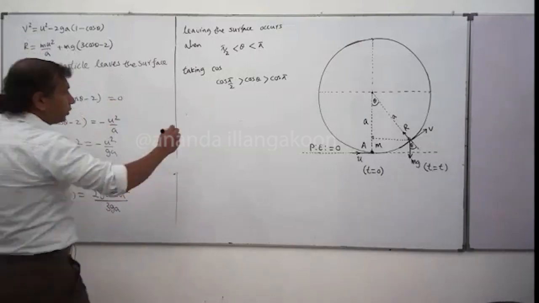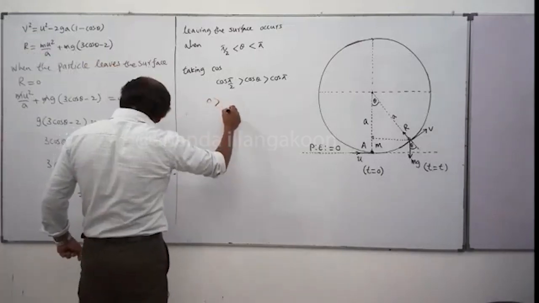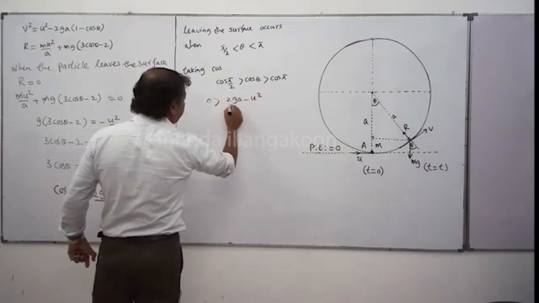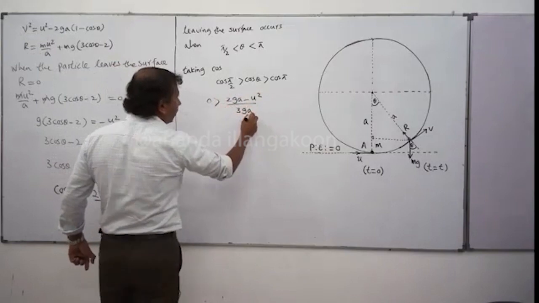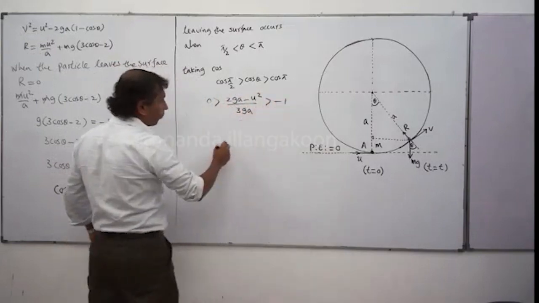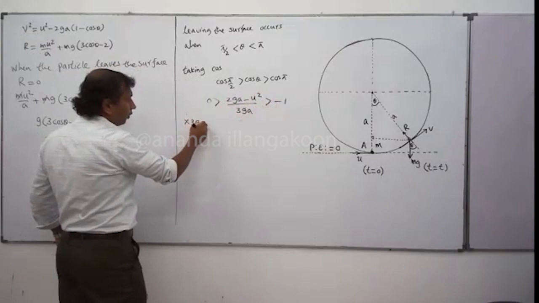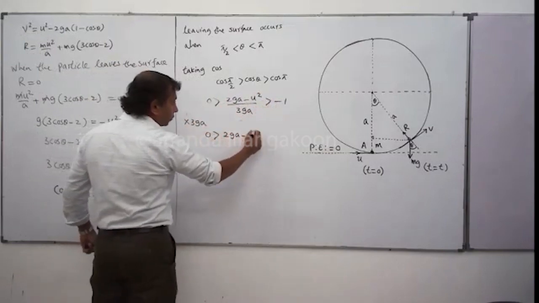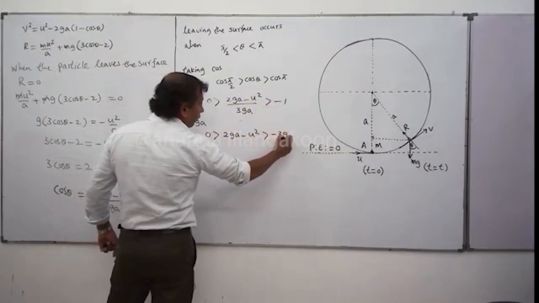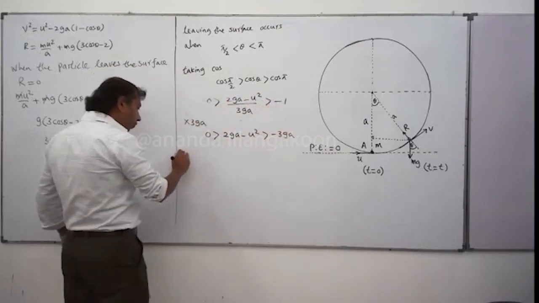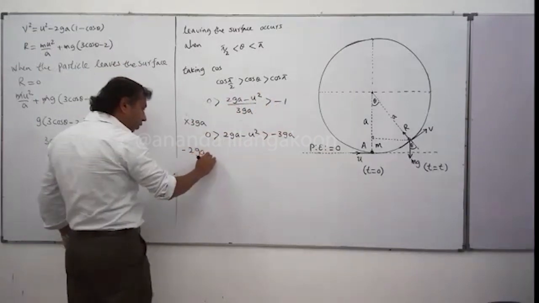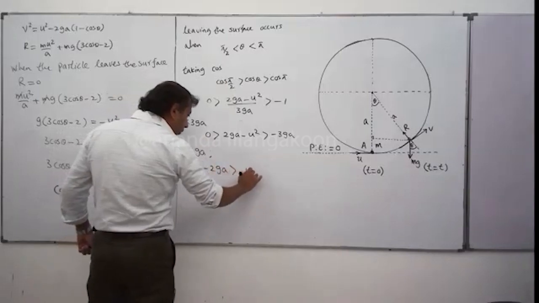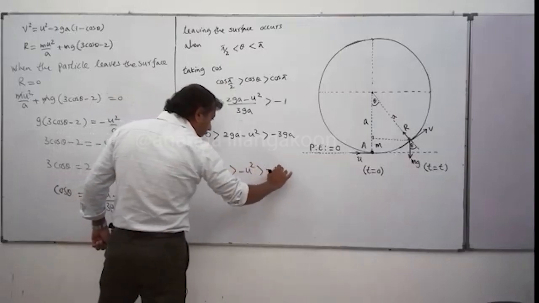Now cos pi by 2 is 0. Cos theta is this: (2 g a minus u squared) divided by 3 g a. Cos pi is minus 1. We multiply this by 3 g a, this will be 0, 2 g a minus u squared, minus 3 g a. Now subtracting 2 g a, here we get minus 2 g a, minus u squared, minus 5 g a.